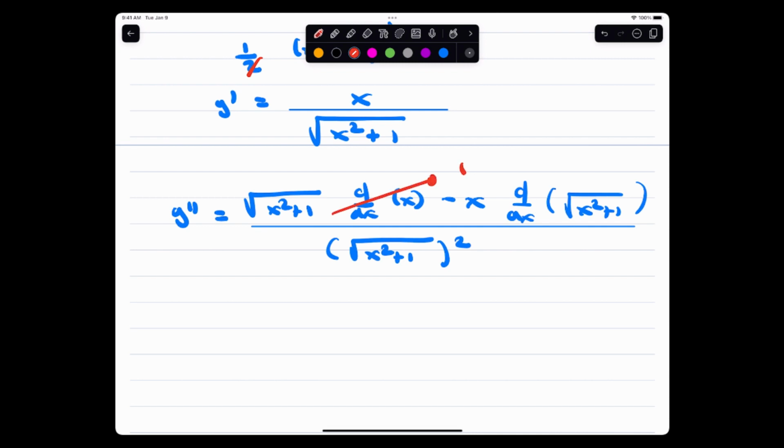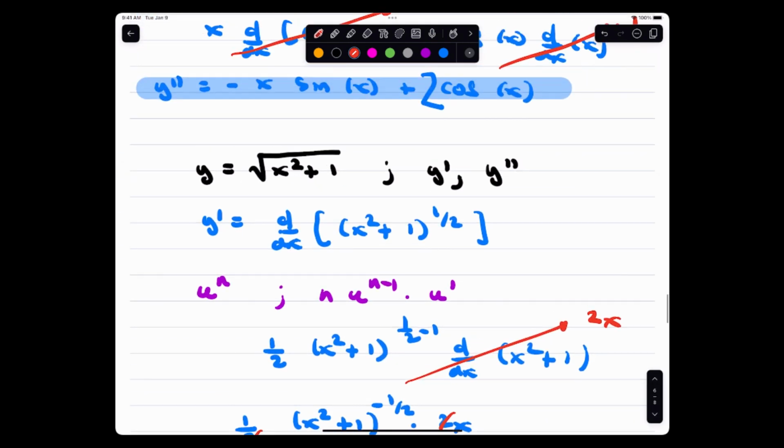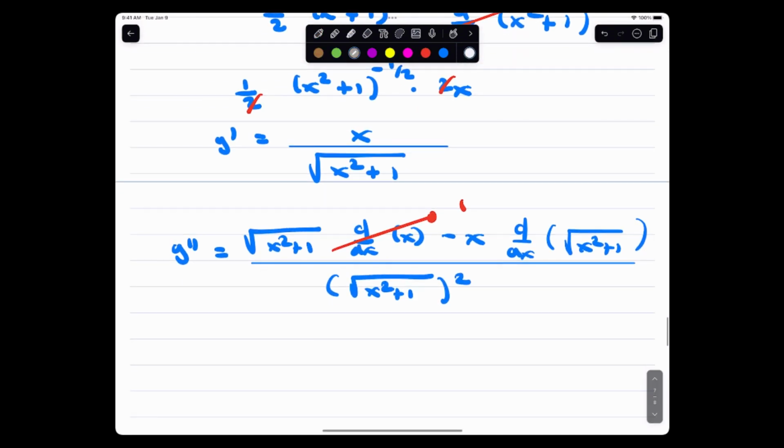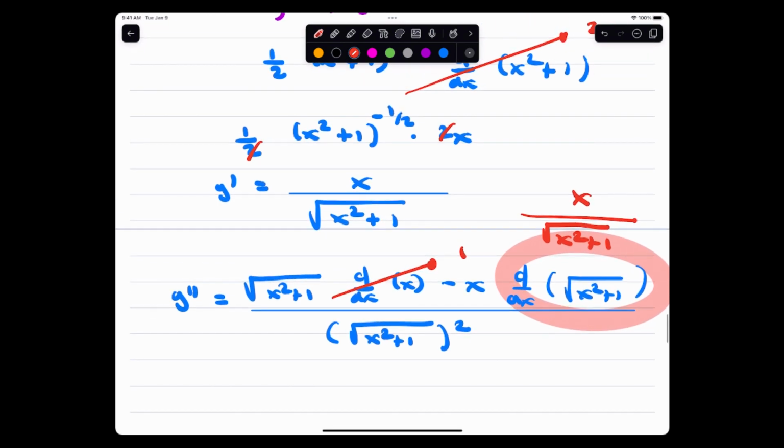And this is 1. And then the derivative of this derivative right here. Notice you already actually have that. I mean, you did it already. That's x over what? Square root of x squared plus 1. See what you did above.